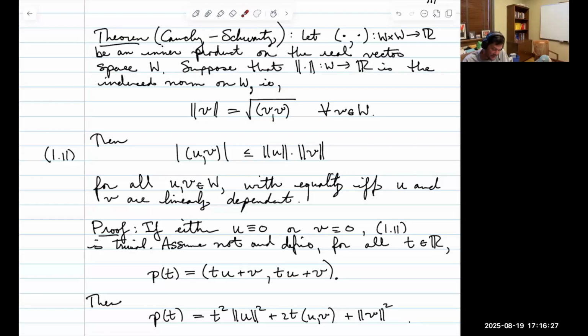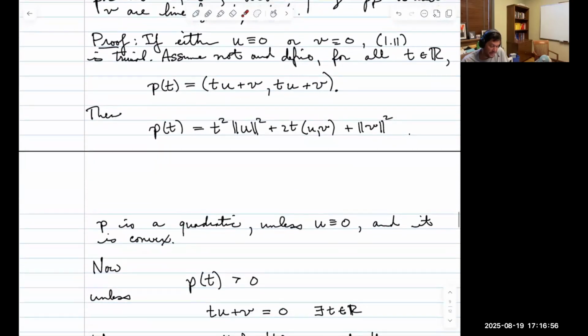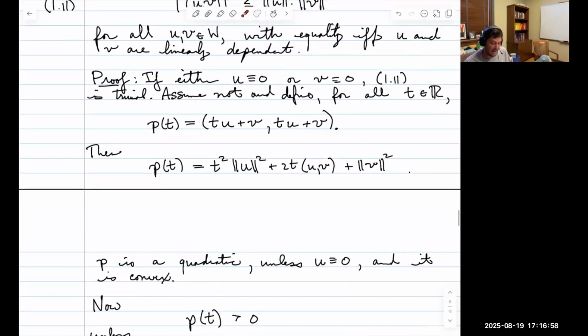If it's an inner product, then you can always create the induced norm, which has this structure. Then we have this inequality holding, which is called the Cauchy-Schwarz inequality. For all u and v in W, the absolute value of the inner product of u against v is less than or equal to the norm of u times the norm of v, with equality if and only if u and v are linearly dependent. So again, you don't need this to be a Hilbert space to prove this. You just need to have an inner product.